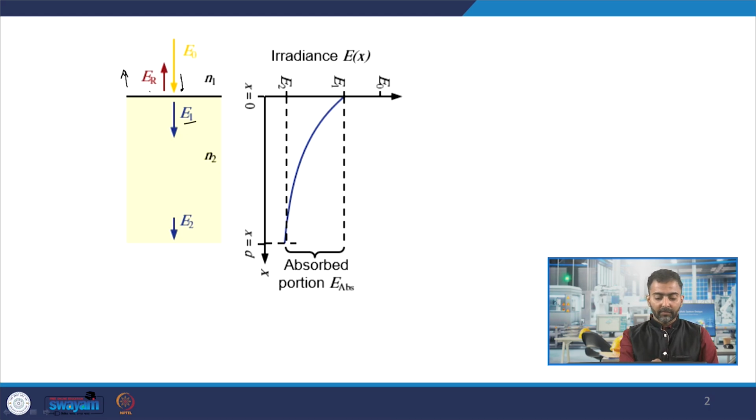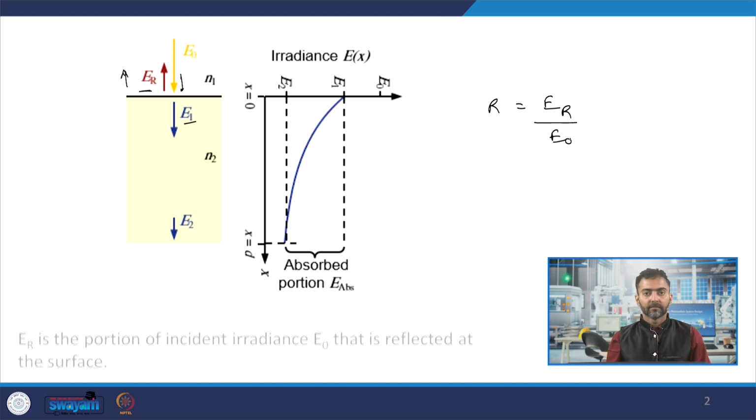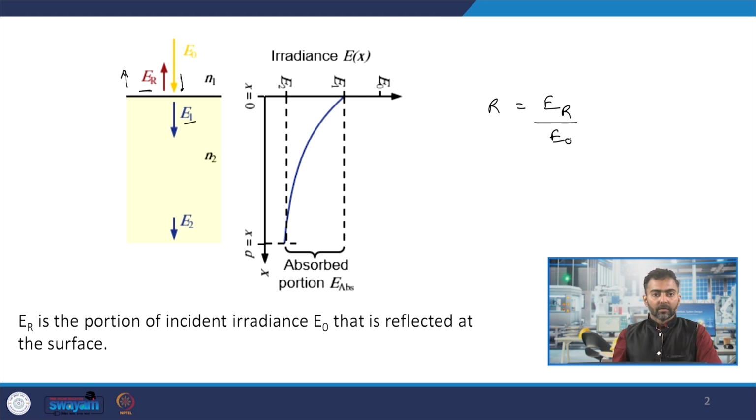So we will be taking the reflection factor also into account, and we define the reflection factor R as ER by E naught. So out of the total incident radiation E naught, ER is what has been reflected. That is the idea. ER is the portion of the incident radiation E naught that is reflected at the surface.